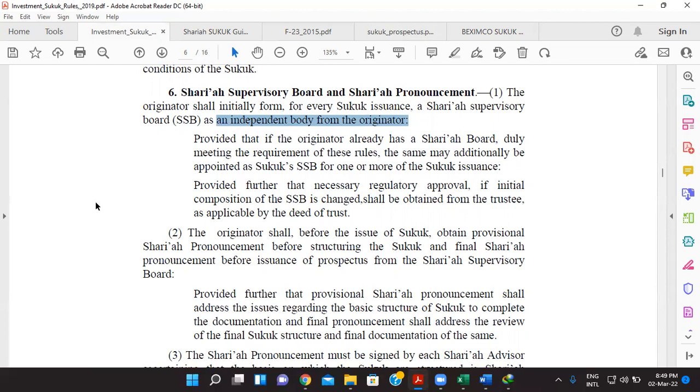So that should be a separate body, not only in terms of the physical structure, but also based on how they are providing pronouncement and how they are following the Sharia guidance. They should have independent understanding. They should have an independent opinion.